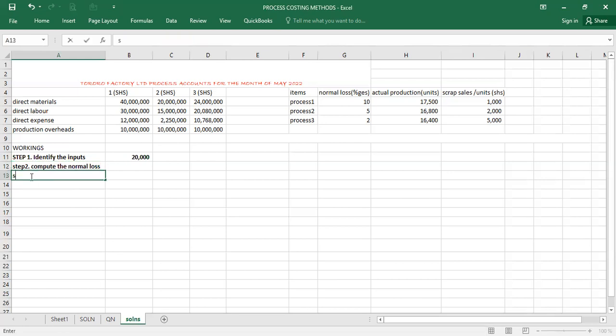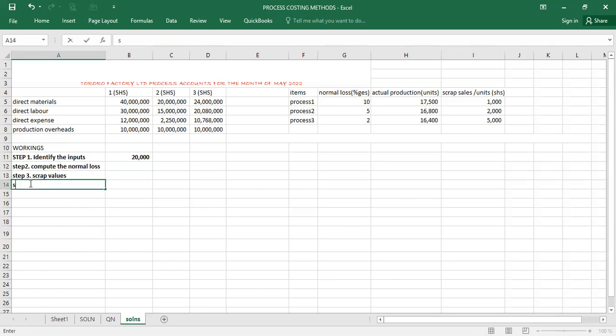Step 3 is to compute our scrap values, or the scrap sales.